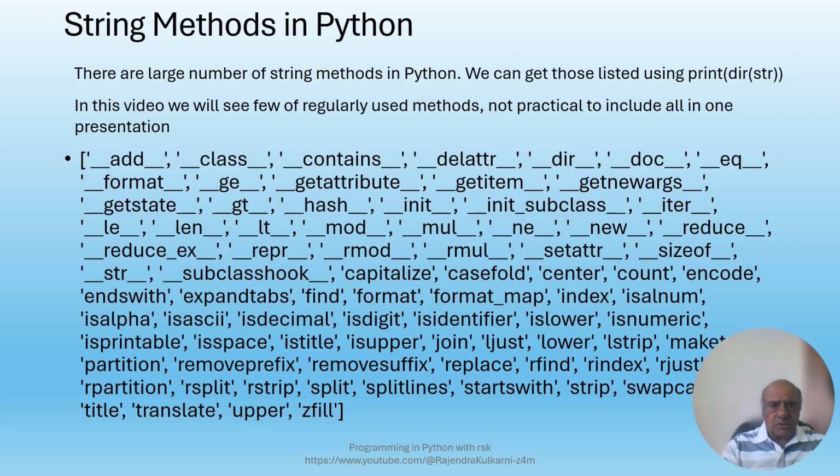This is the printout I have taken by using this print statement, so that we can know the number of methods that class str comes with, which we can use with an object of str.